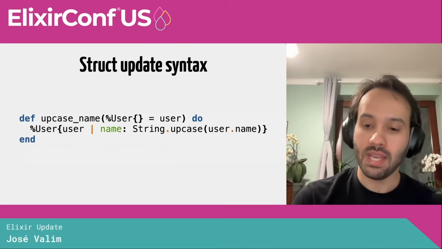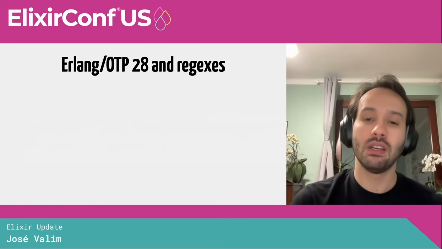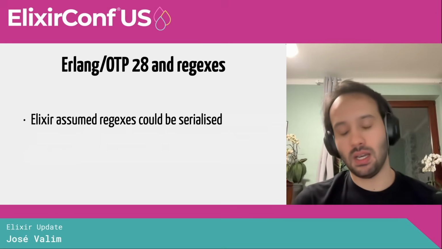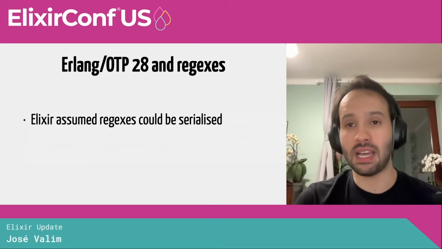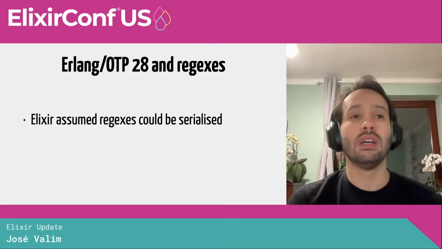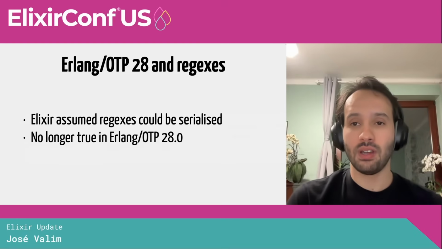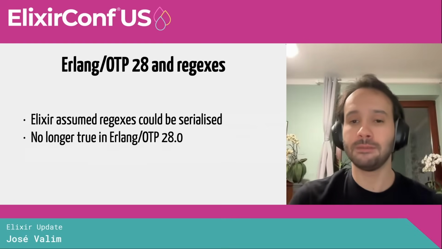And the last topic here on the release candidate, Erlang OTP 28 and regexes. Elixir in previous versions incorrectly assumed that regexes could be serialized, that we could write them to disk or send them across nodes. That's no longer true in Erlang OTP 28 because they have revamped the regular expression engine. They have modernized it.